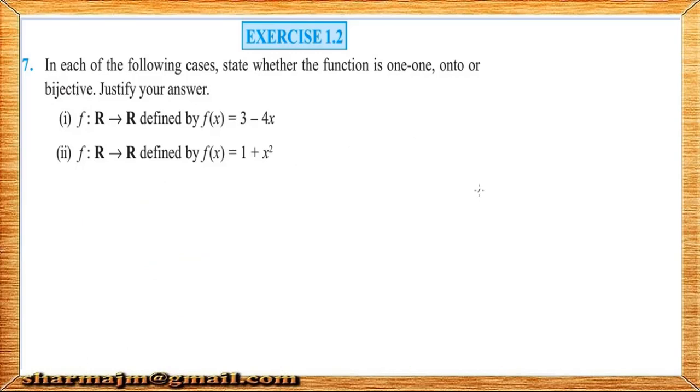Next, now the second part of this question. F is a function from R to R such that f of x is equal to 1 plus x square.